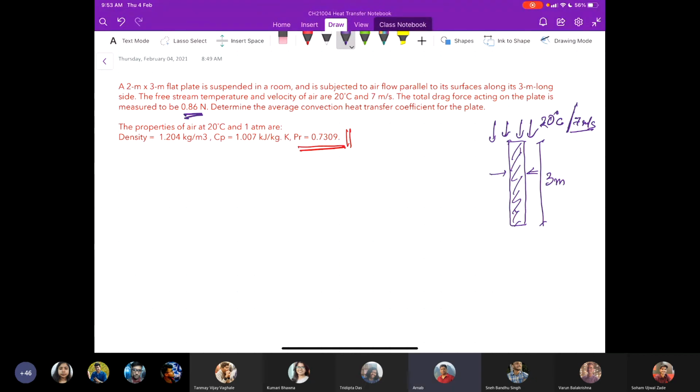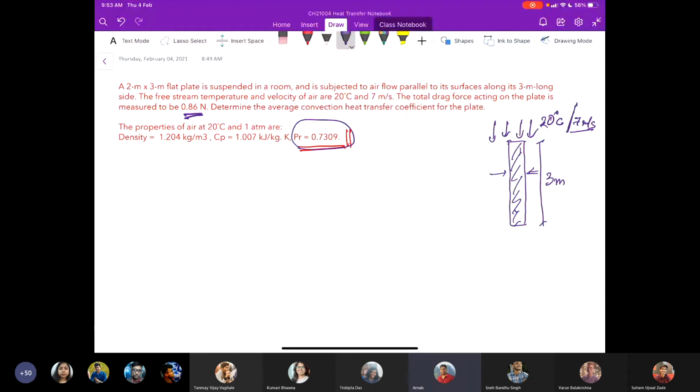The question is, what would be the convective heat transfer coefficient? Clearly, it is the analogy between the skin friction coefficient and the Nusselt number. The Prandtl number is not close enough to 1, so we have to use the modified Reynolds analogy, or Chilton-Colburn analogy.